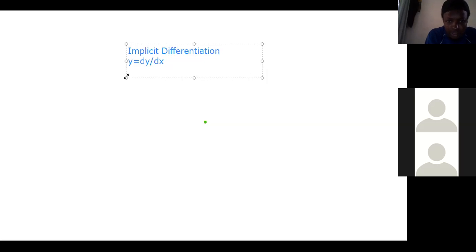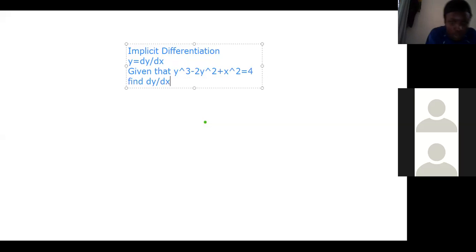Given that y raised to the power 3 minus 2y raised to the power 2 plus x raised to the power 2 is equal to 4, the question says find dy dx.